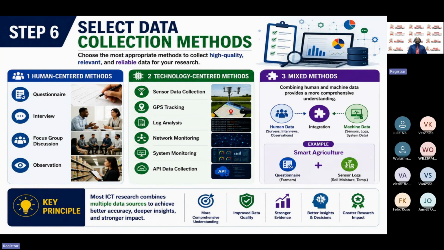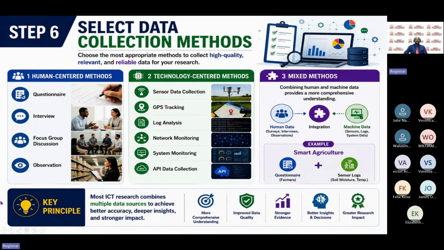So the key principle: most ICT researchers combine multiple data sources to achieve better accuracy, deeper insights, and strong, impactful research. So in ICT research, more comprehensive understanding, improved data quality, stronger evidence, better insights and decisions, great research impact. I tell you, when James submitted his research on energy dependency in mobile towers, my great challenge with James was that this is ICT, engineering, and social science research.